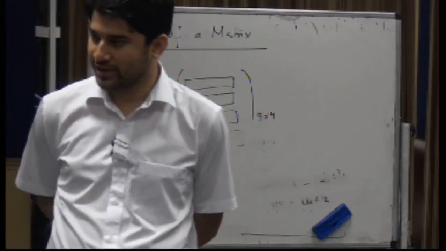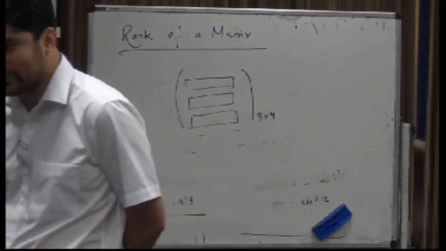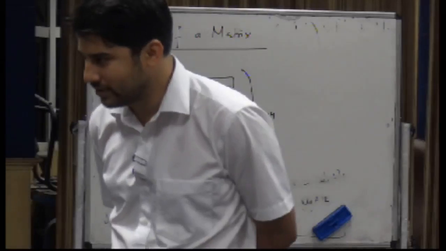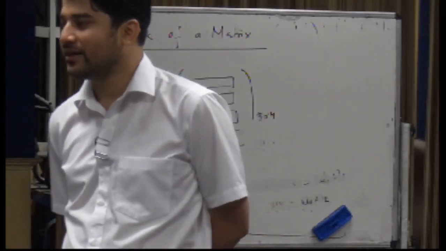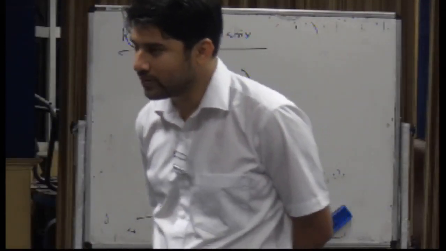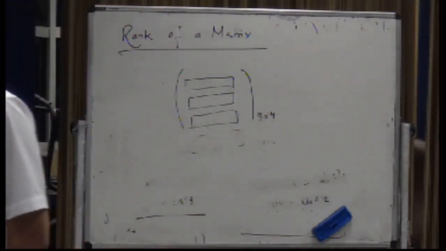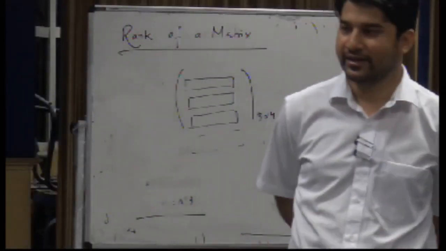Now you have to find the det of all those 18 matrices. And if you are lucky and one of the matrices is not zero, then the rank would be 2. And if you fail there also, then you will go to 1 by 1 matrix, right?